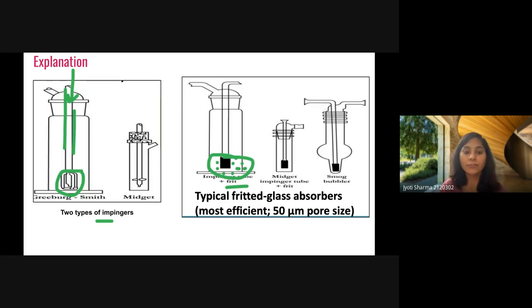So such kind of absorber we do use. And the fritted glass absorber has the most efficiency, whenever pore size is near 50 micrometer.